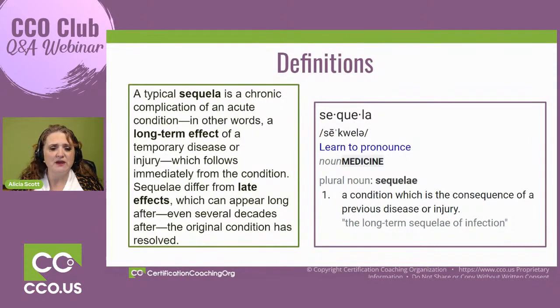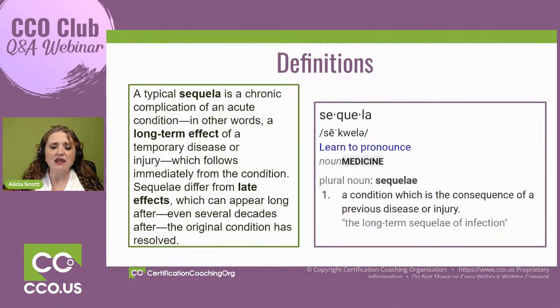Now, look at the green box to the left. Sequela a lot of times refers to a chronic complication of an acute condition, and they will use that as also synonymous with long-term effect. And now look at the difference though. It says sequela is different from a late effect because those can appear long after several decades where the condition is originally resolved.